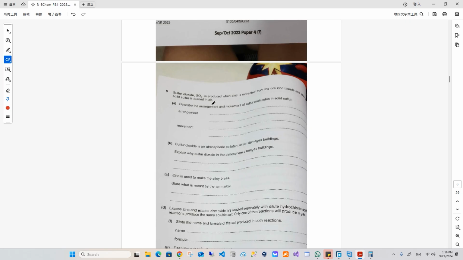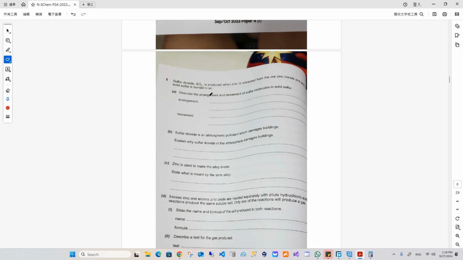Solid sulfur is burned in the air. I don't bother to check that. If we just talk about the arrangement and movement of sulfur molecules in solid sulfur.